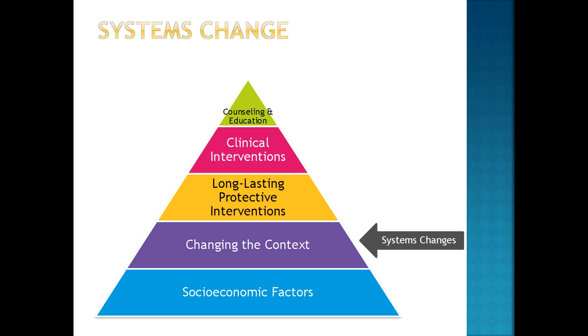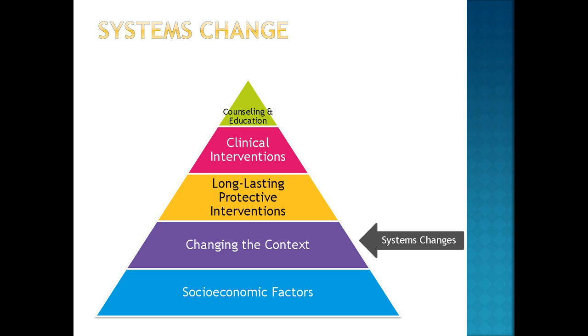As we look back at the health impact pyramid that I reviewed earlier, much like policies, systems is going to be in the changing the context layer of the pyramid. So for example, if you make a systems change that allows child care centers to gain a Step Up to Quality credit, or bumps them into a higher Step Up to Quality star, for implementing healthy eating strategies, following healthy guidelines, and offering fresh fruits and vegetables and whole grains, you're most likely going to start seeing more healthy foods within the child care centers.